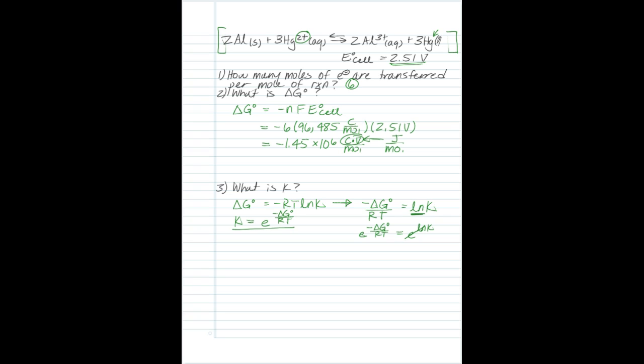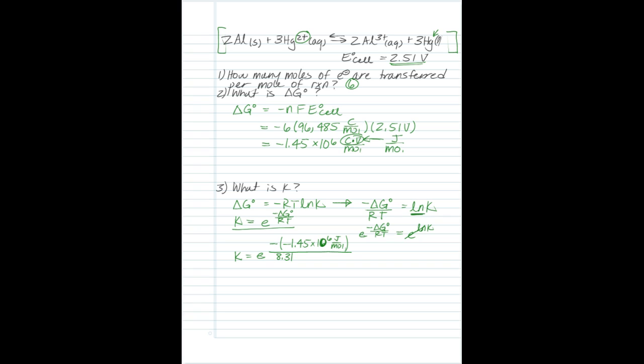Now it's just a matter of substituting everything in. We get K equals e to the negative delta G, so negative of negative 1.45 times 10 to the 6 joules per mole, over R, which we use the thermodynamic value of R that has joules in it to cancel out the joules in the top.